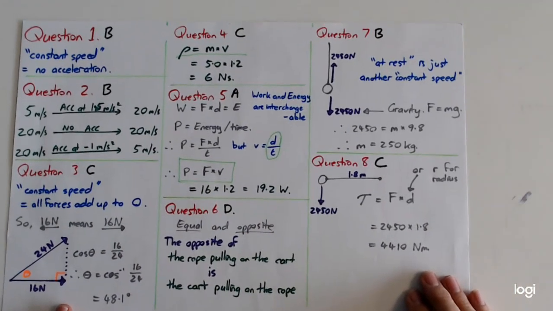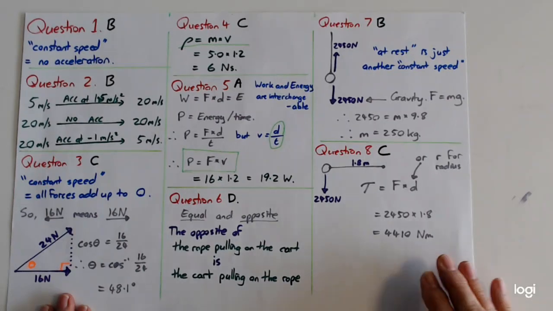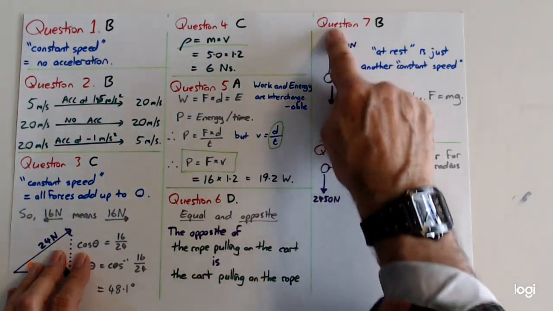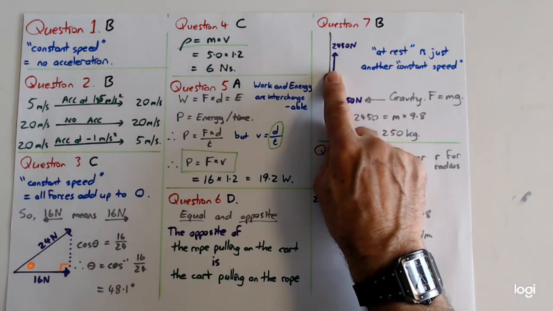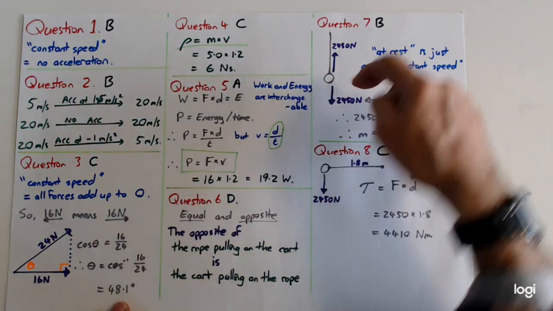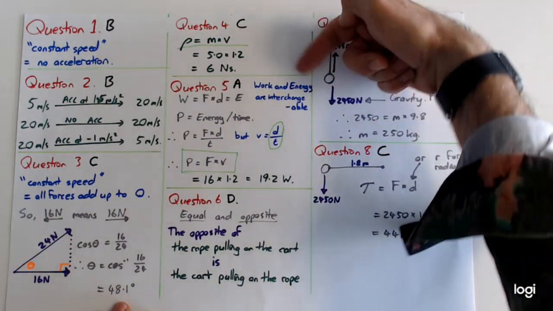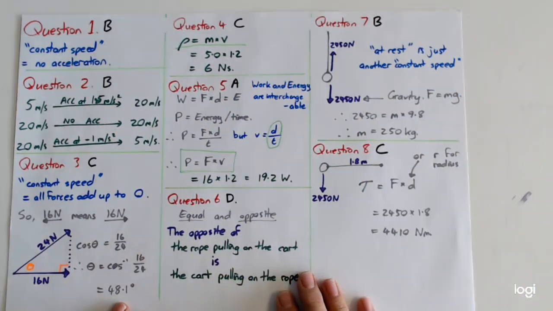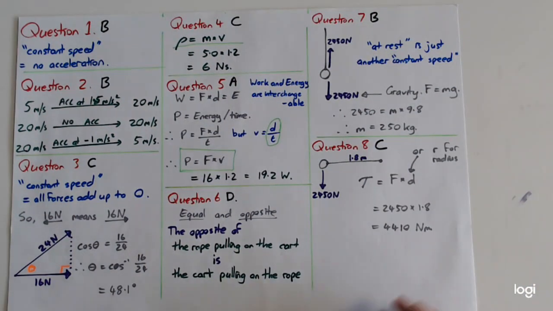Question 7 is about a metal sphere that's hanging from a 1.8 meter long pole, and it can be swung horizontally or vertically, and it can end up as a pendulum. Question 7 asks, what's the mass of the sphere?